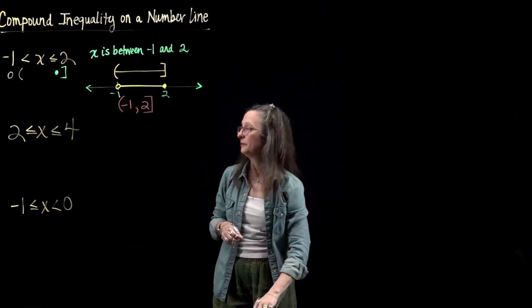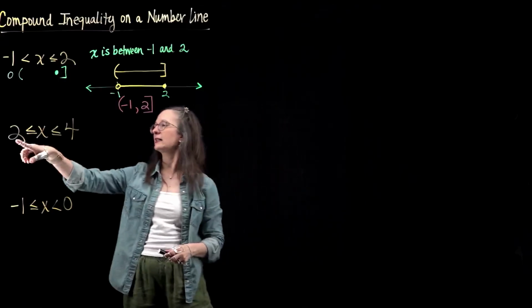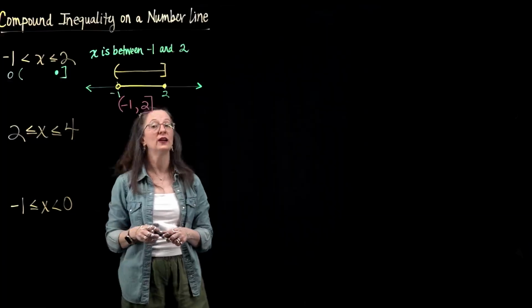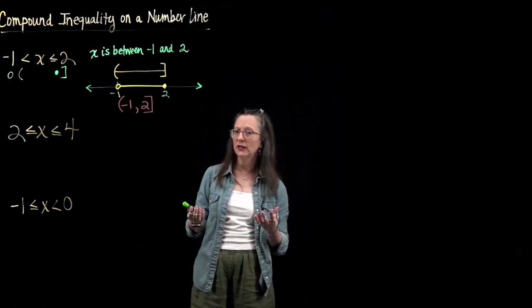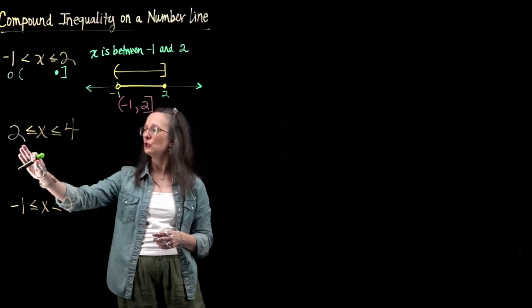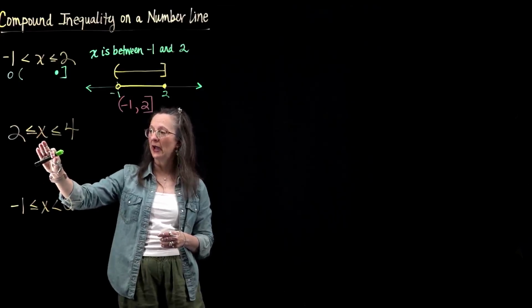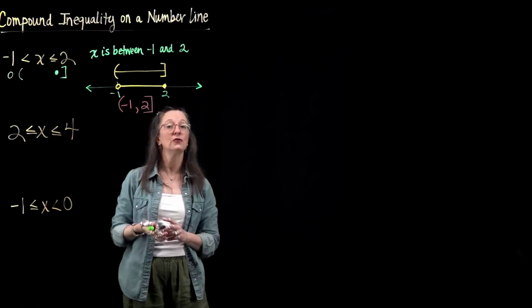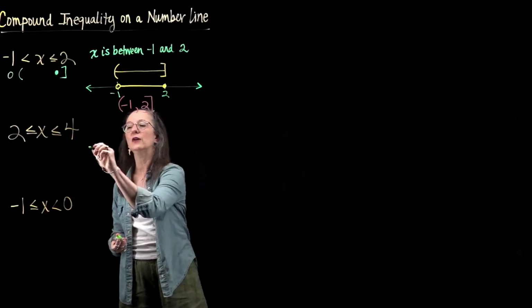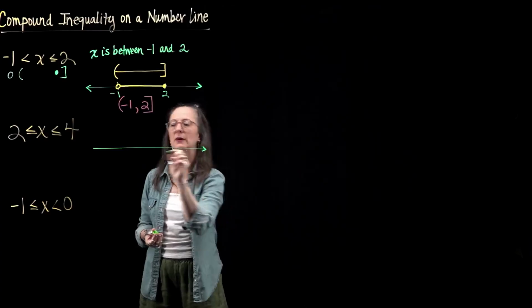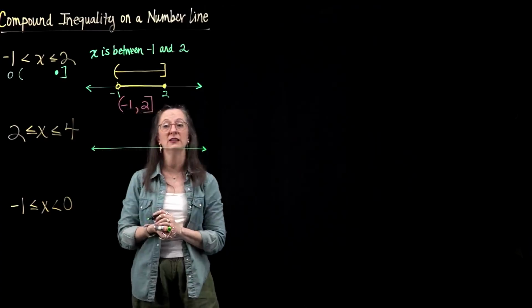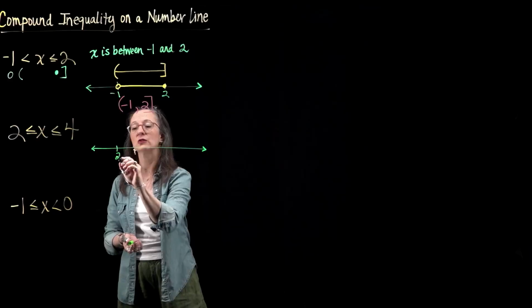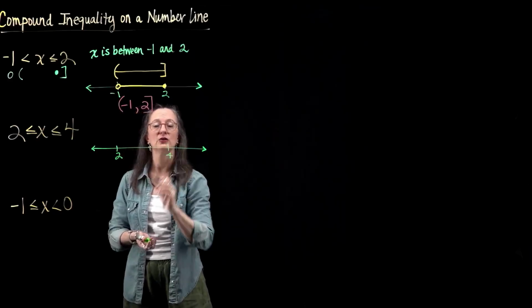Let's look at another one. I have x is between 2 and 4. We could read it more specifically as 2 ≤ x ≤ 4. All right, I'll draw my number line. Got my horizontal line with arrows on both ends. I'm going to mark the 2 values we're concerned about, 2 and 4.